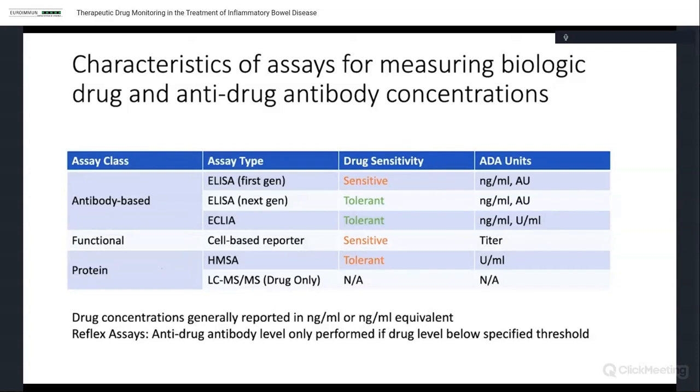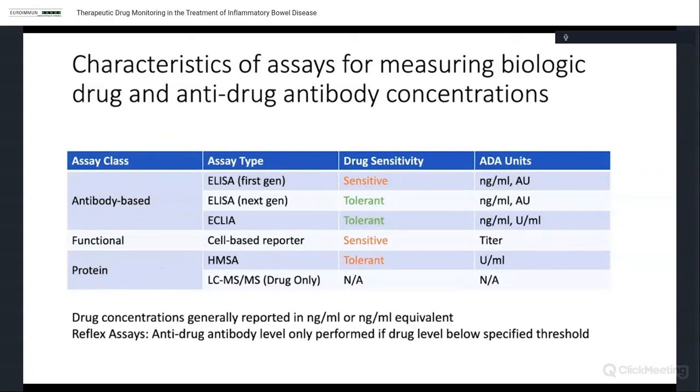And so the first generation ELISA assays were drug sensitive and you were unable to detect antibody in the presence of drug. But newer generation assays, and most that are on the market now, are drug tolerant, and you can detect antibodies in the presence of drug. The functional assays use a cell-based reporter system.